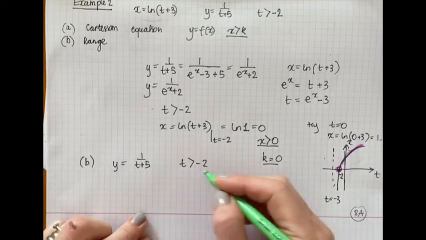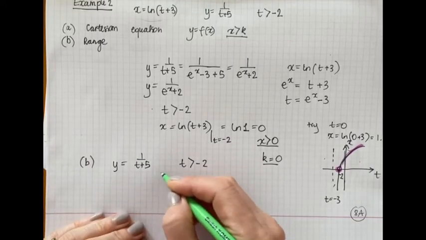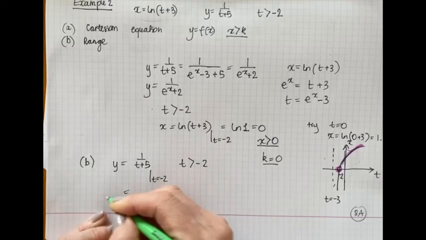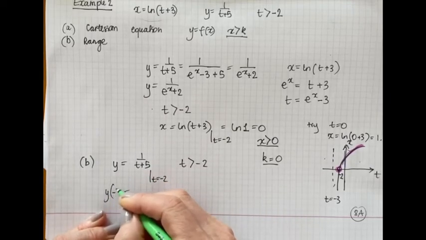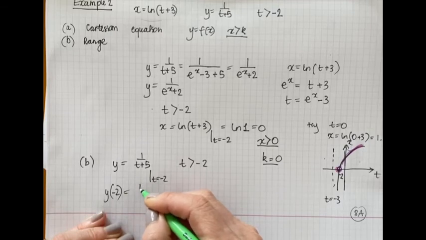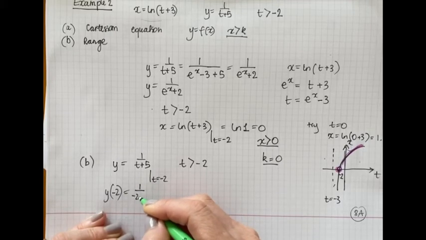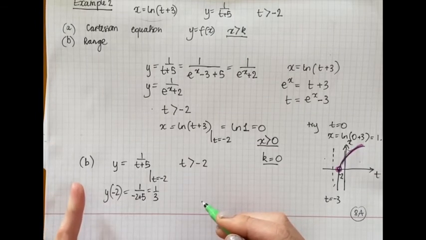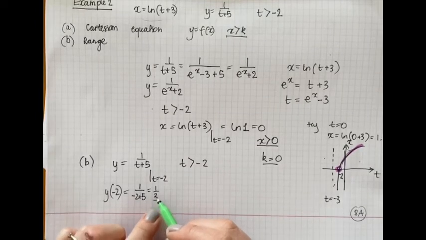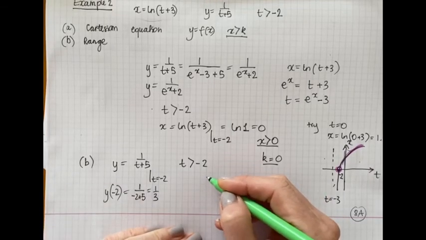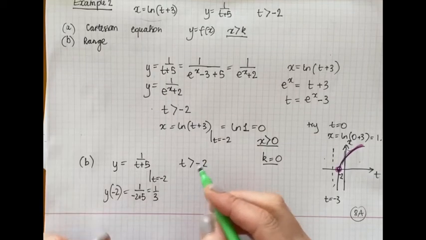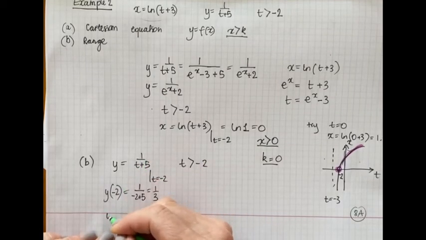But you can also look at the sketch in a minute. Let's put t equals minus 2. You're going to get y of minus 2, which is 1 over minus 2 plus 5, which is 1/3. The mistake students make is to just say the range is y is greater than 1/3. But have a look at other values of t before you proceed, and always check it with the reciprocal function.